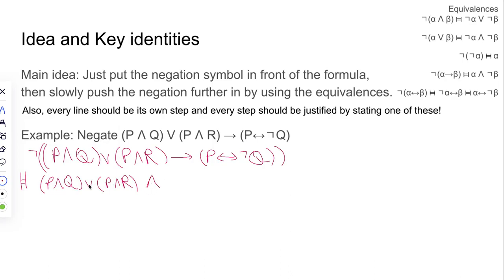And since we're dealing with conjunction and then disjunction, this can present some ambiguity, so it's good practice to put parentheses around the left-hand side. And then the right-hand side of our implication is negated. So this is our right-hand side of the conditional, and the conditional is going to be negated. So we negate P if and only if not Q.